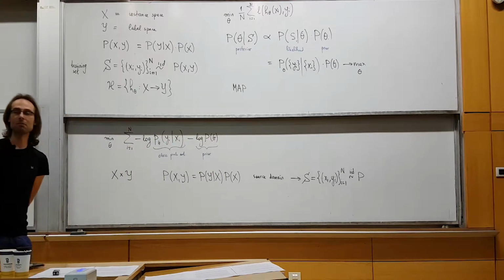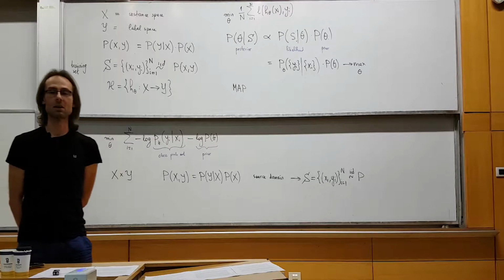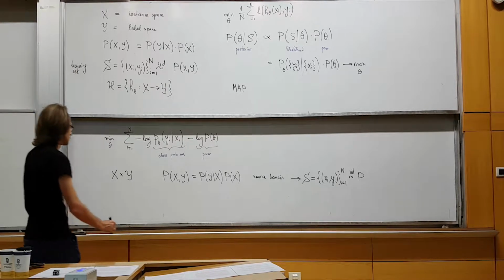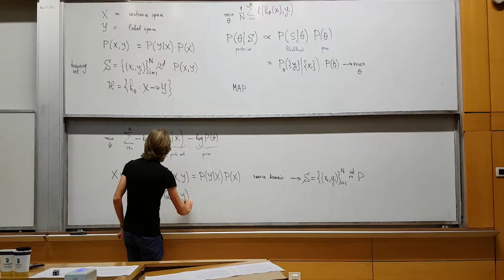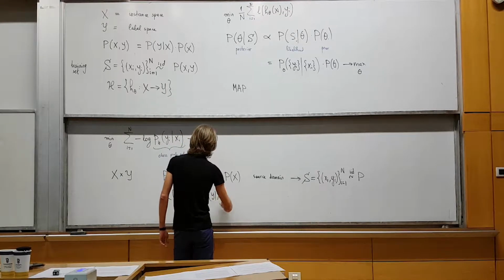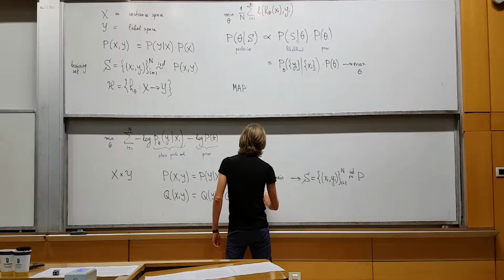Now I will assume that I have another data domain. I will use the same instance and label space, but I will assume that it potentially has a very different probability distribution. Let's call it Q, Q of x, y. Again, factorizable into Q of y given x times Q of x. And I will call this the target domain.